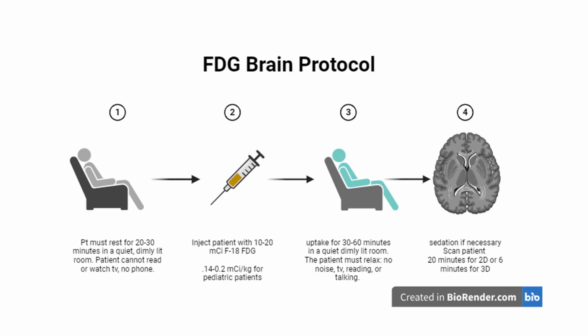At this point, when they're in the uptake room and you need them to be quiet, they should not have any family members with them either, because the family members always end up talking to each other. And then sedation if necessary, 20 minutes for 2D scanning and 6 minutes for 3D.